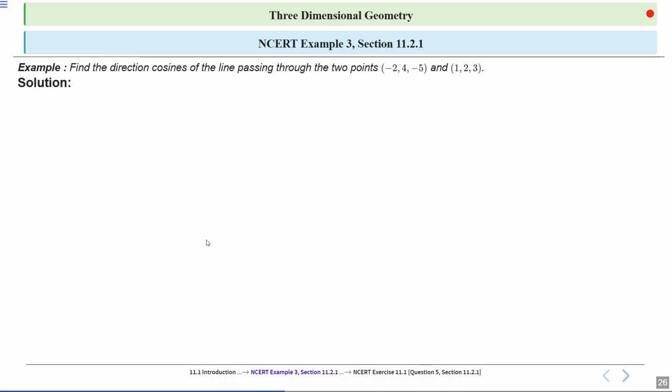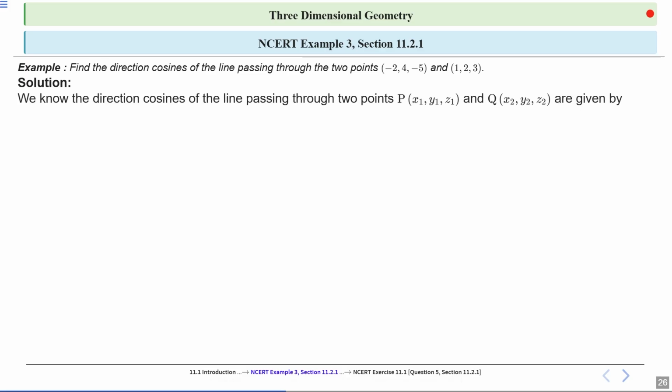So let's solve this example step by step. To start, let's recall the general formula for the direction cosines of a line passing through 2 points.